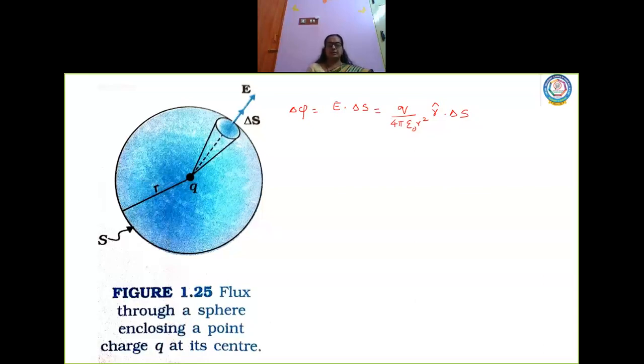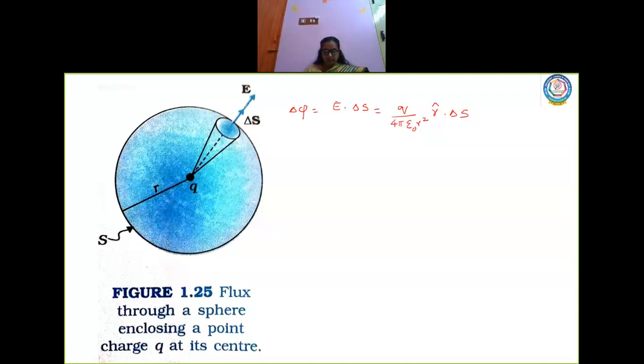To do that, let me take a small area element of this type, and the electric field due to this is outward. So the electric flux at this small area element is Q by 4 pi epsilon naught R square into R unit vector dot del S.